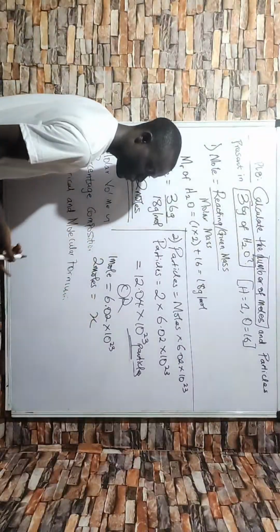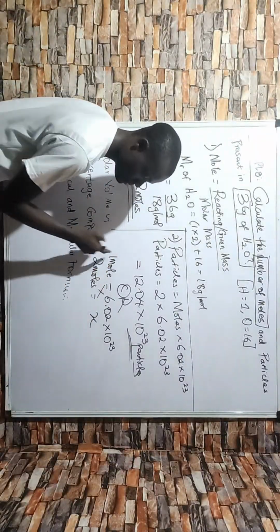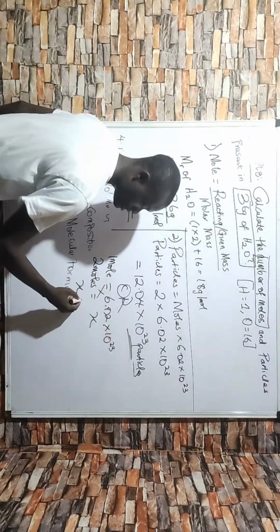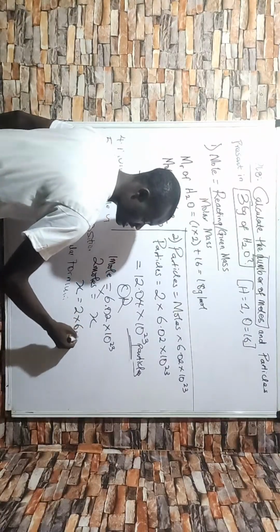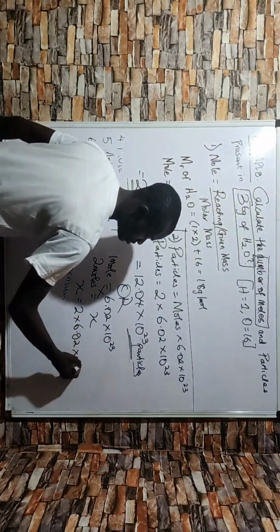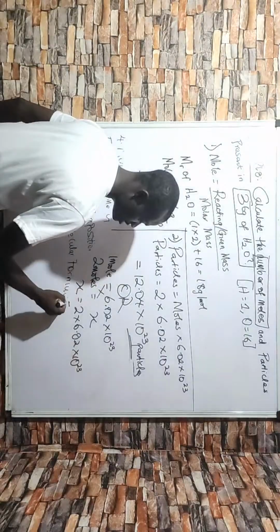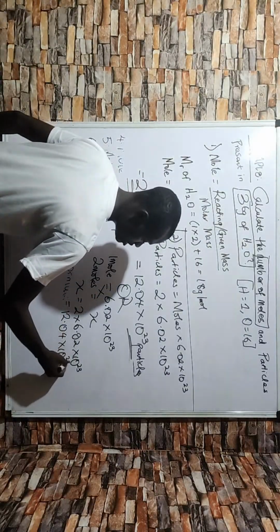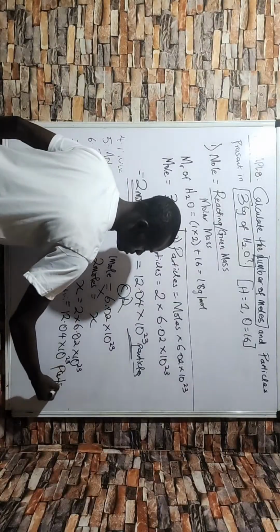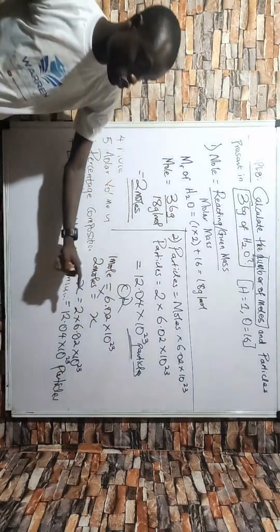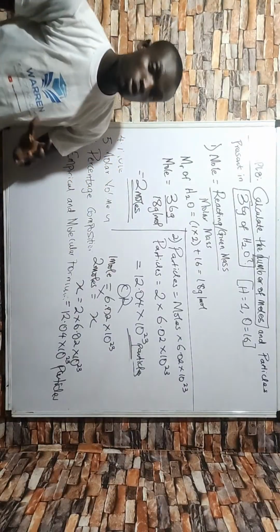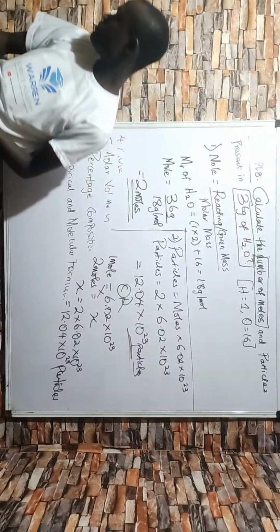X. Then we are going to cross multiply like we do in math. 1 times X gives us X, and there's going to be 2 times everything up here. So that's 2 times 6.02 times 10 to the power 23. Again, when we multiply, this will give us 12.04 times 10 to the power 23 particles. I hope you understand this aspect.